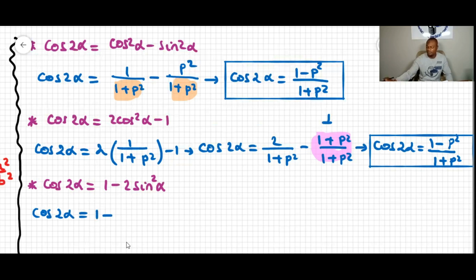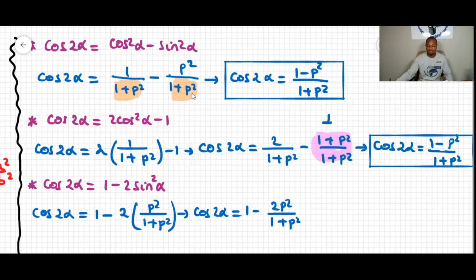The value of sine squared alpha we found earlier, so this implies that cos of 2 alpha equals 1 minus 2p squared over 1 plus p squared.